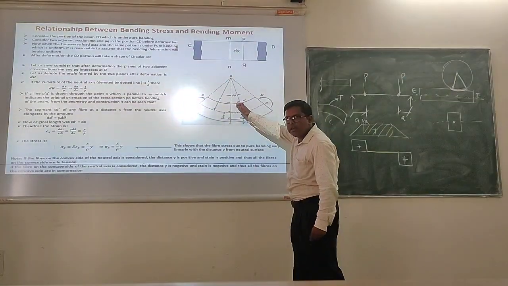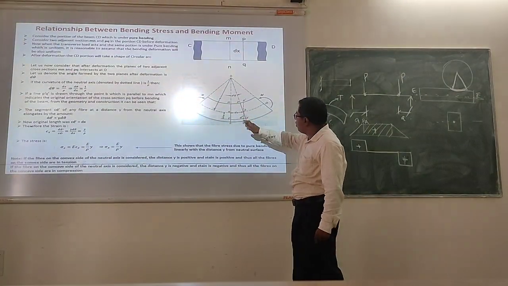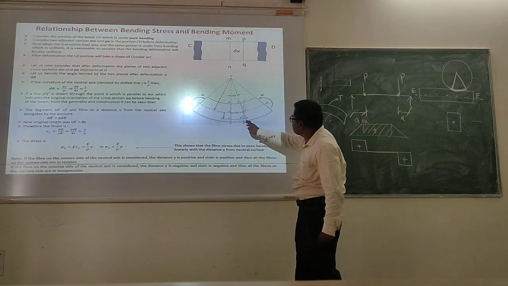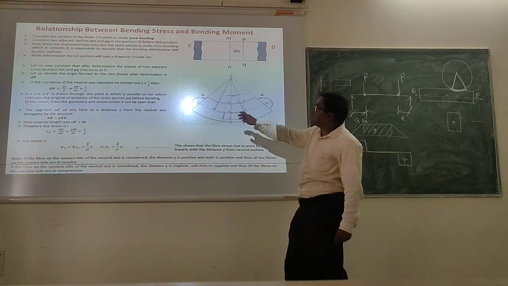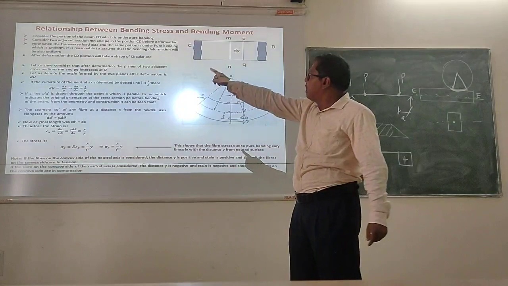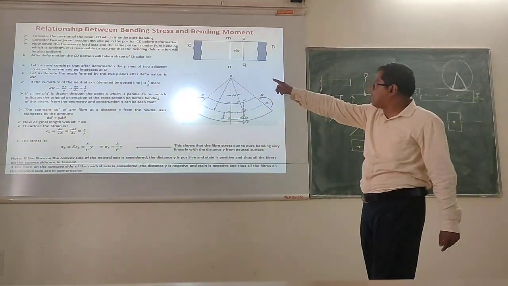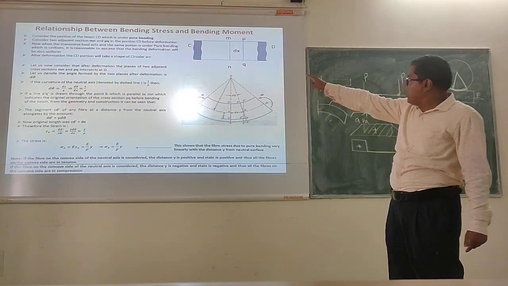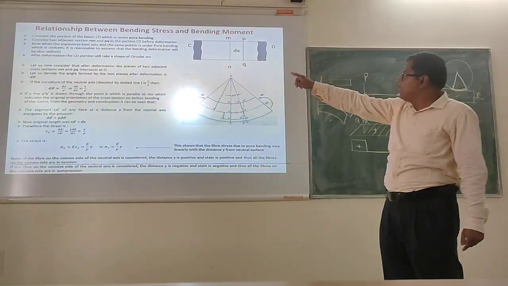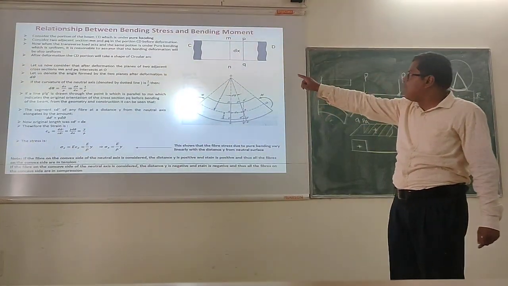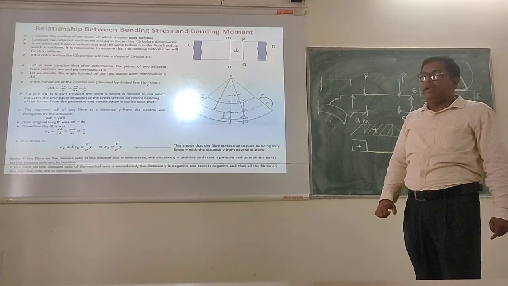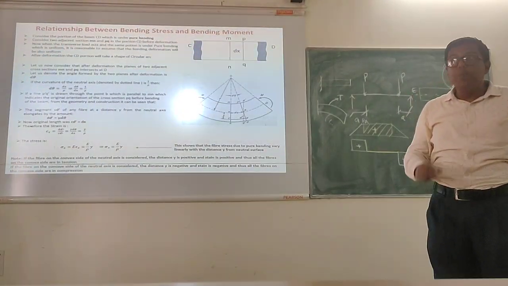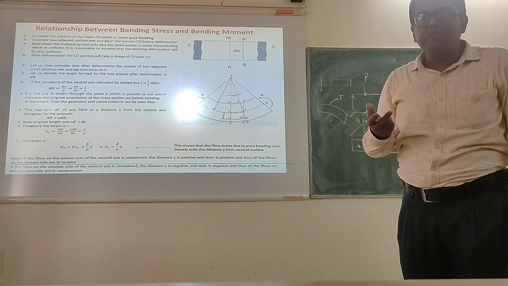It will be a little bit distorted, right? Now when the transverse load acts and the same portion is under pure bending, which is uniform, it is reasonable to assume that the bending deformation will also be uniform.